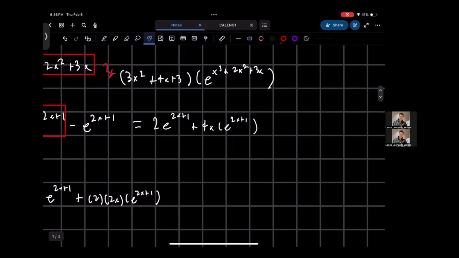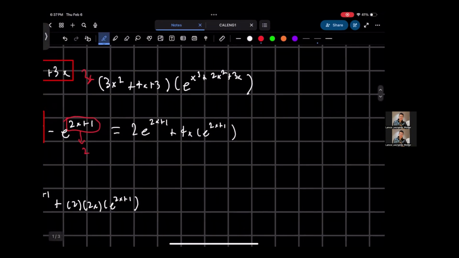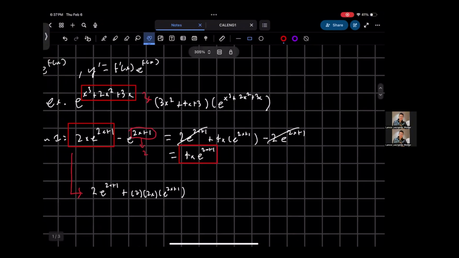Because remember, we just get the derivative of this one, and that will just be equal to 2. Okay, that's just a derivative. So then, minus 2 e raised to 2x plus 1. And then we can just cancel these factors out, and we will have an answer of 4x e raised to 2x plus 1. And that's our final answer.